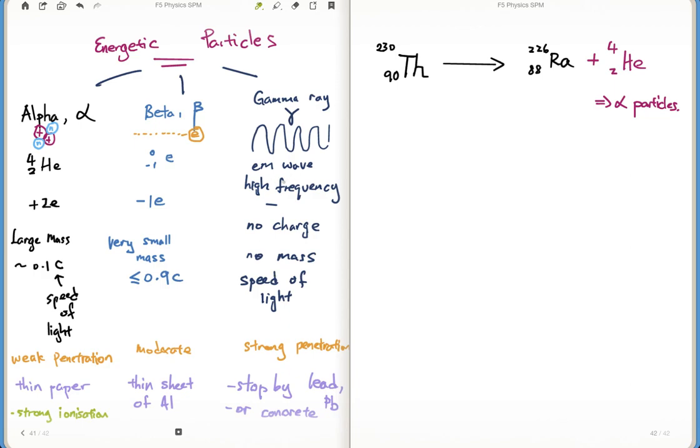Gamma ray is a frequency, it doesn't ionize anything, so this is the weak one. And beta, we have moderate ionization. Moderate, I spelled it wrongly.